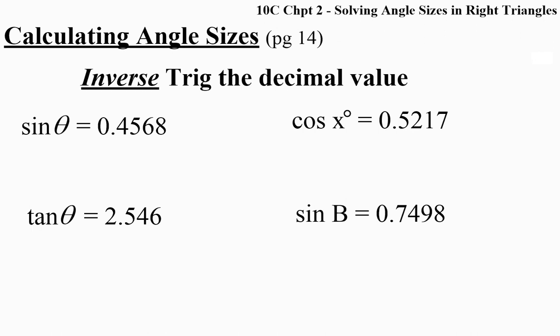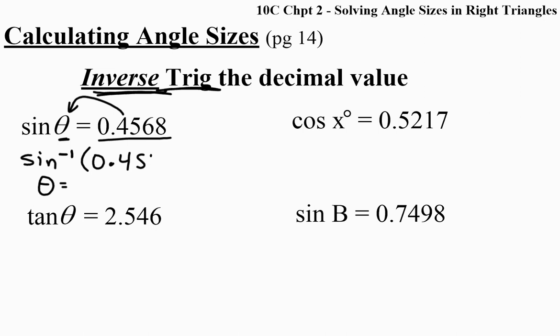If we take a look at the examples, when you want to find an angle size, it'll show sine of the unknown reference angle has a decimal value. What we want to do is take the decimal and figure out how big the angle is. To do that we need to inverse trig, and we want it to look like that on our calculator, and then punch in the decimal.